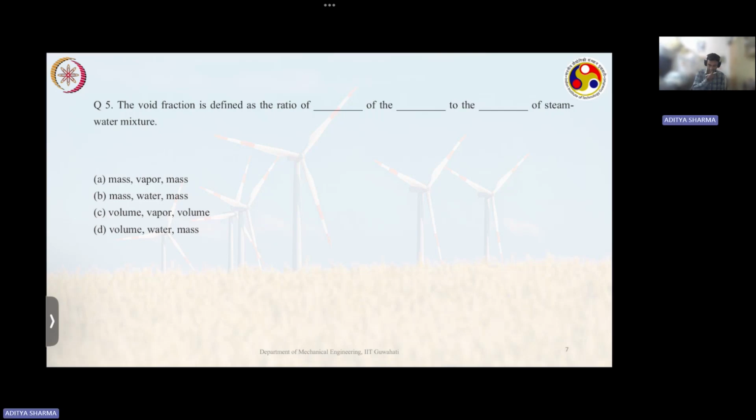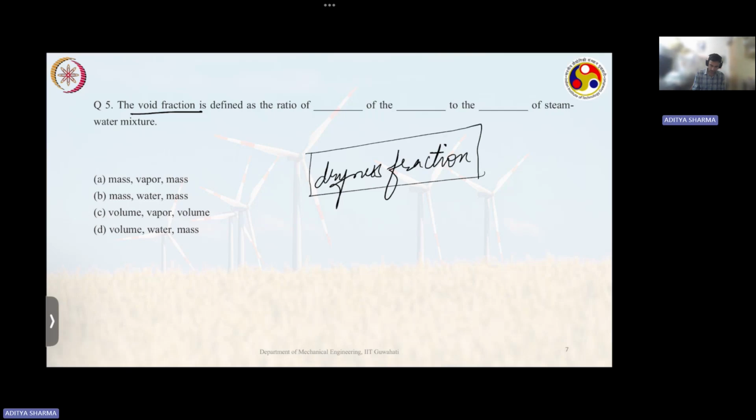So four options have been given. So what is your void fraction? It is somewhat similar to dryness fraction. The only difference is that in your dryness fraction we consider mass ratios, and in void fraction we consider volume ratios.